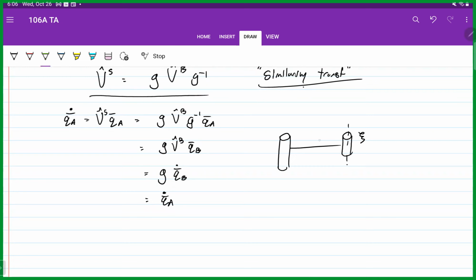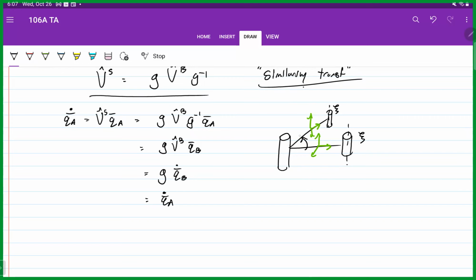Let's imagine that I just fixed some little coordinate frame on this arm over here. Now I'm going to move this arm around, like rotate it into the page like that, so my coordinate frame is going to be moving as well. So that's going to be the new position of my coordinate frame, and our twist will be over here. Within that coordinate frame, that twist still looks the same. So now we have to apply this transformation to get it back into the spatial frame.